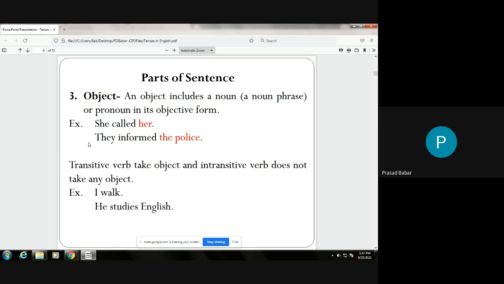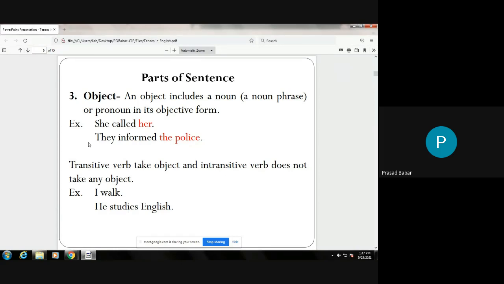That is why object includes a noun or pronoun in its objective form. So her is the objective form of she, and the police is the noun phrase.